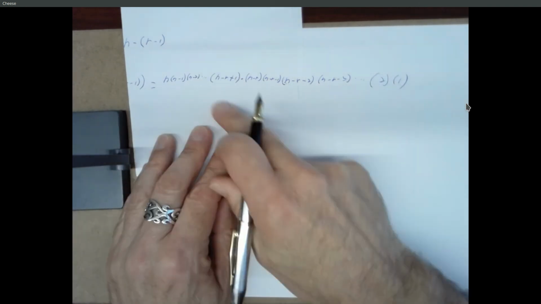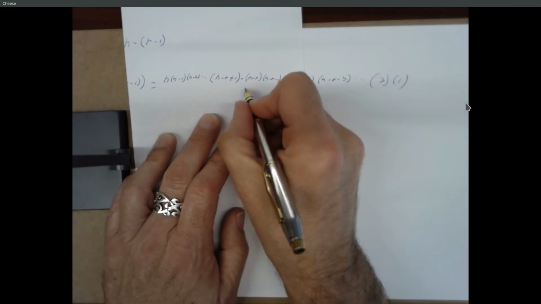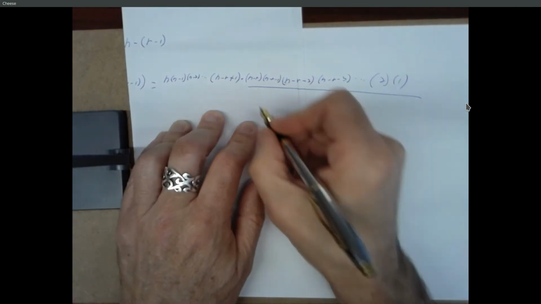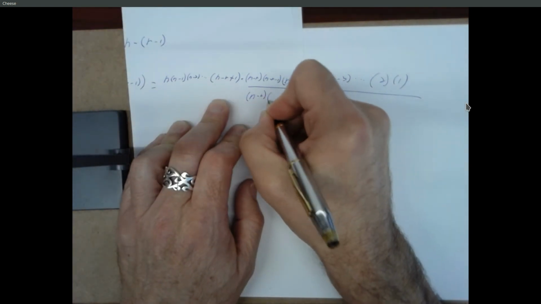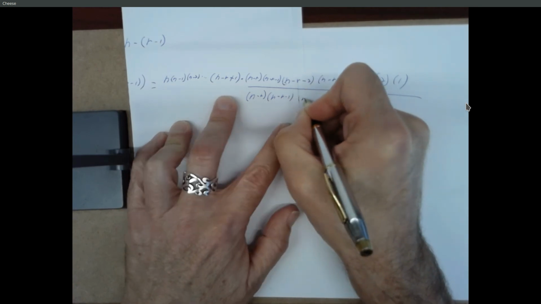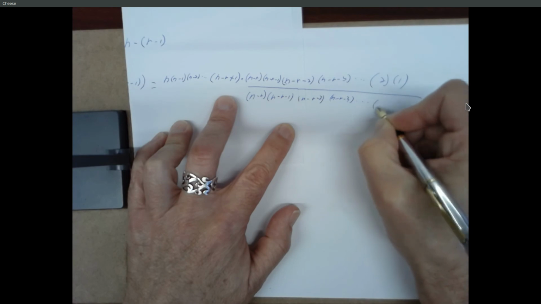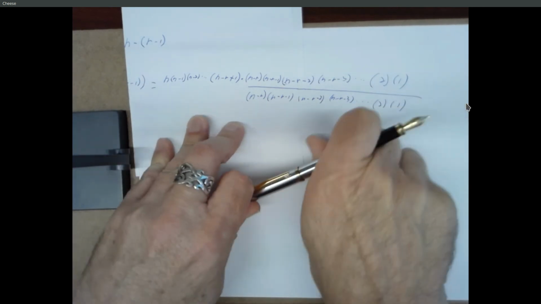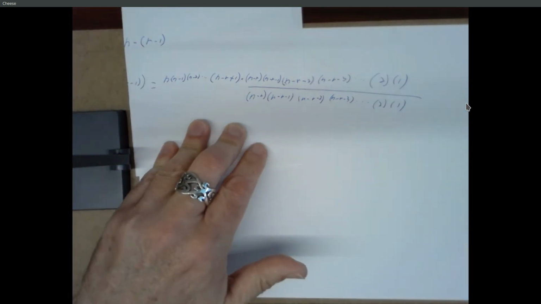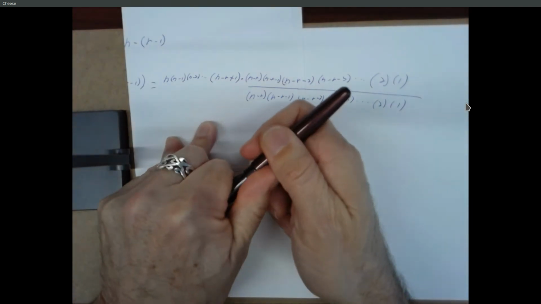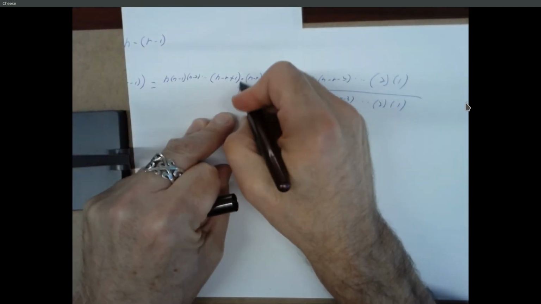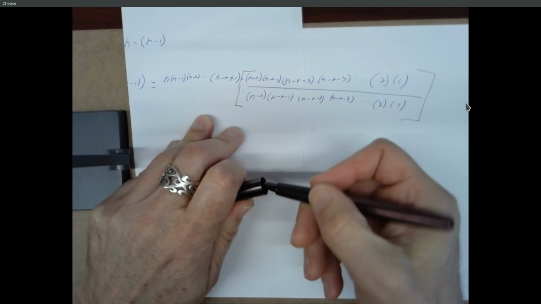You can do that all the way until this comes down to 1. And I'm going to divide it by the same thing. So I've done my favorite mathematical trick of the week. I've multiplied something by 1.